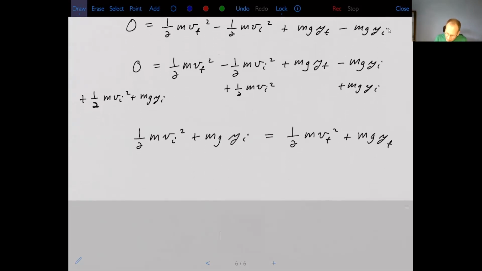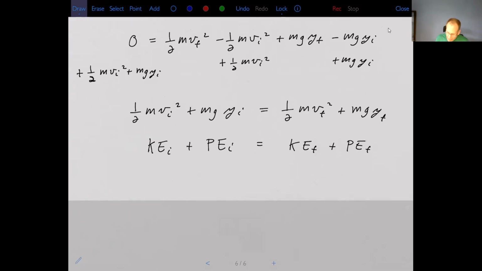So basically what I'm saying is that my initial kinetic energy, I'll call it KE for this time, plus my initial potential energy, I'll just call it PE instead of U, so PE initial, has got to equal my final kinetic energy plus my final potential energy. And the sum of kinetic and potential is what we call mechanical energy. So really what I'm saying is that the initial mechanical energy is equal to the final mechanical energy.